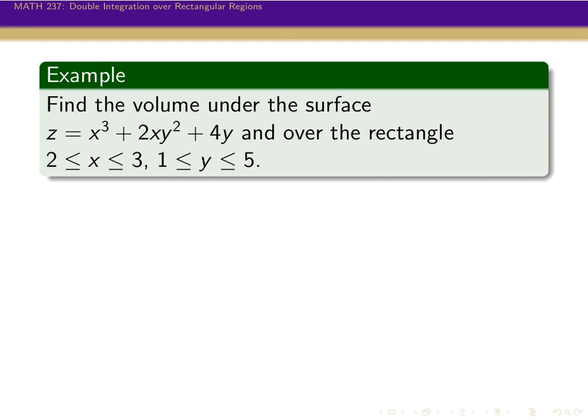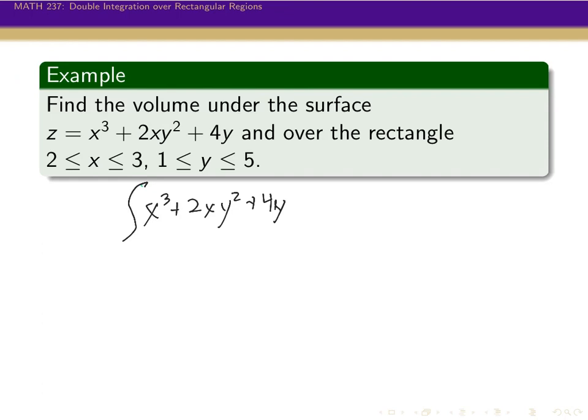So following what we had before, we have our function, x cubed plus 2xy squared plus 4y. Okay. And then in the way we were setting this up, we talked about doing the integral in terms of x first. So let's set that up. And so let's use green to talk about our x values.